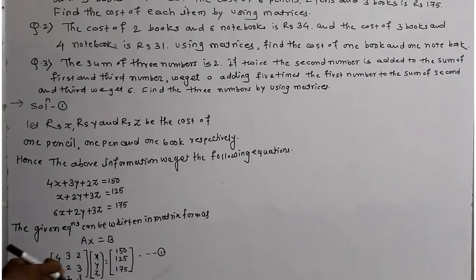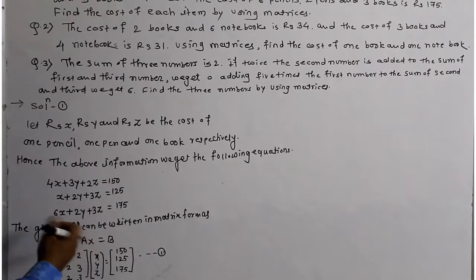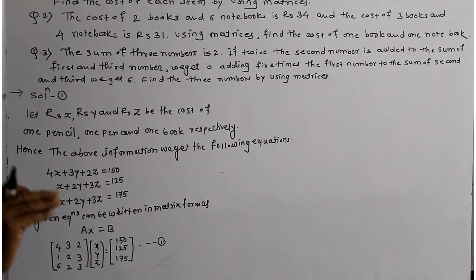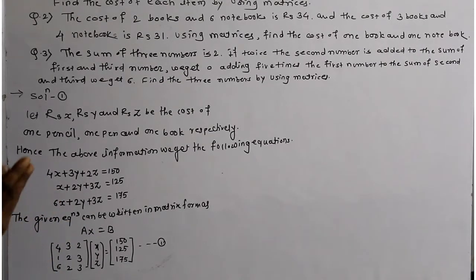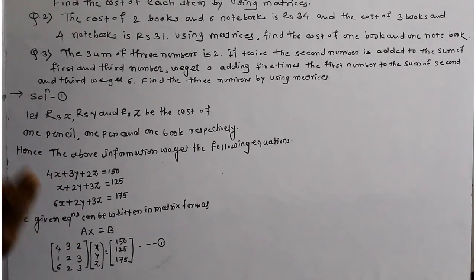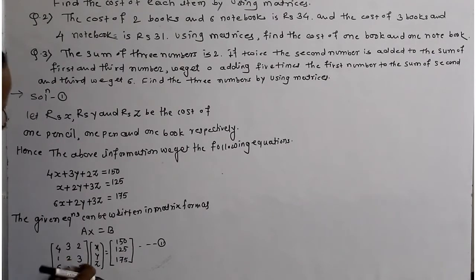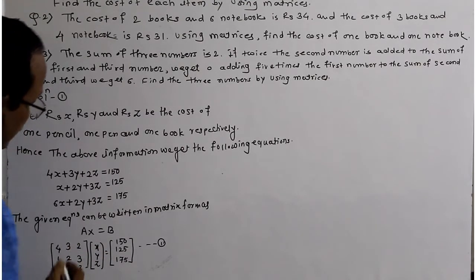Now here you can solve this example by any way. Either you find the inverse by elementary transformation, find the inverse by adjoint method, or find the inverse by column transformation. So now reduce this matrix into the form of an upper triangular matrix, means below the diagonal elements are zeros.